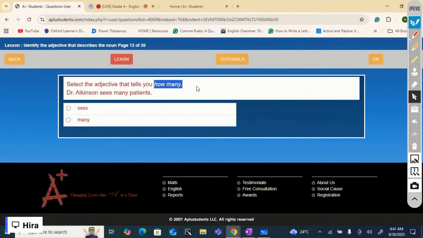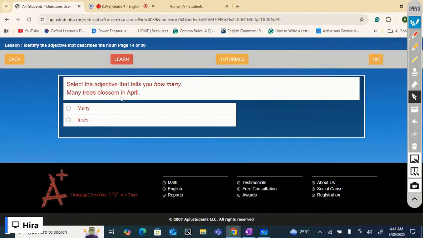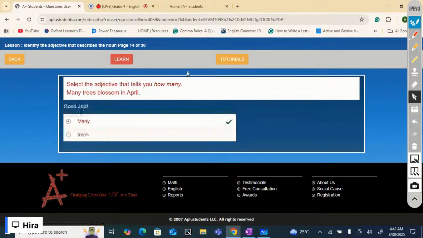Yes, very well. Many. Many patients. How many patients? Many patients. Many trees blossom in April. How many trees? Many. It's the same adjective, so I'm just skipping it.